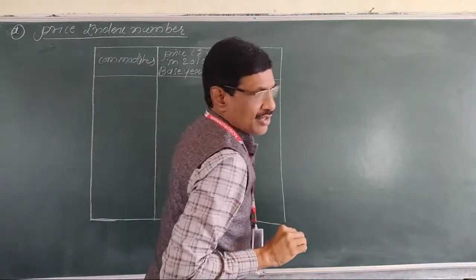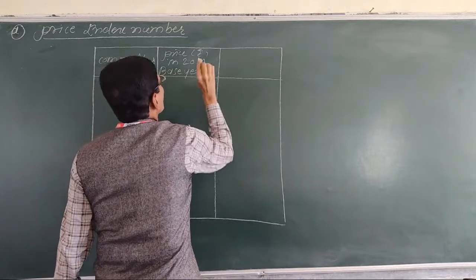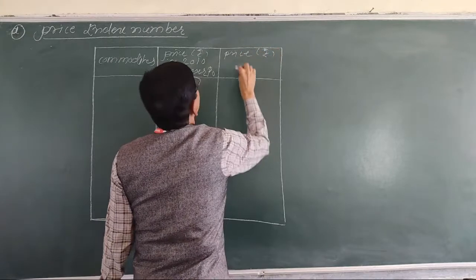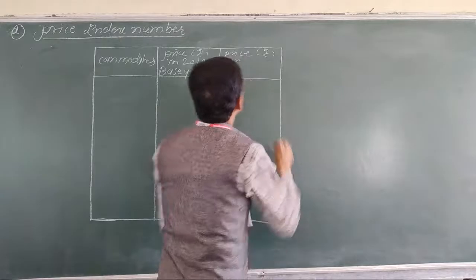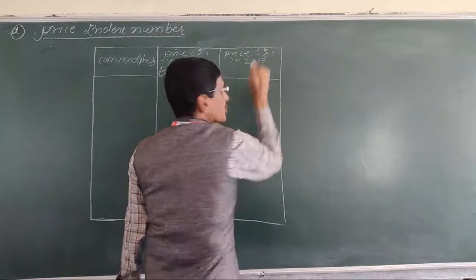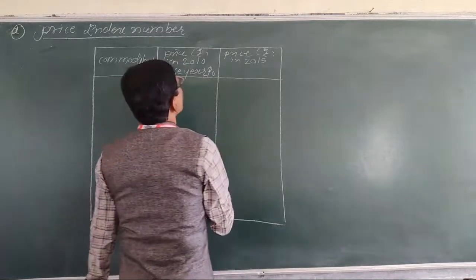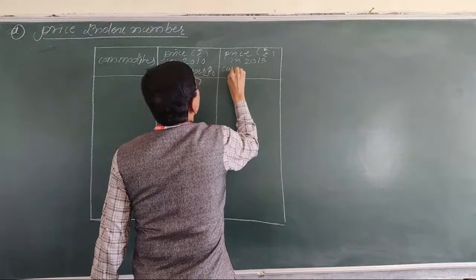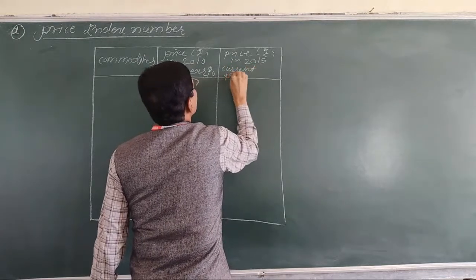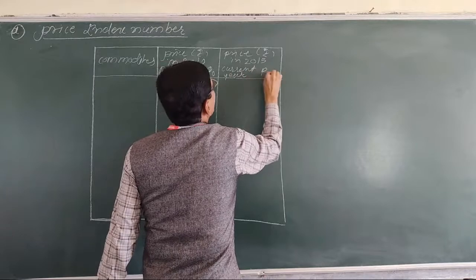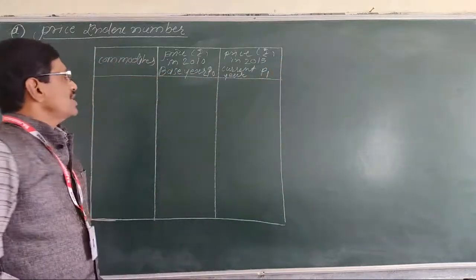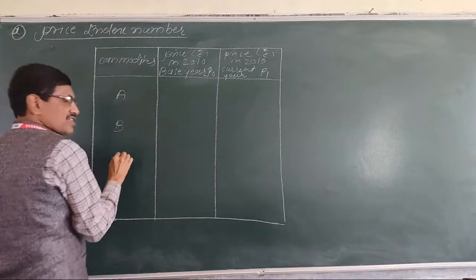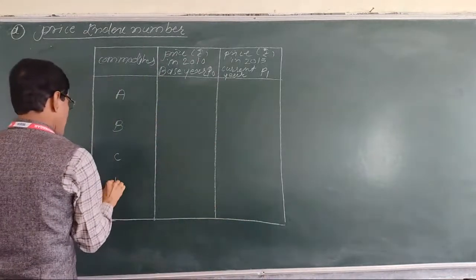The base year indicates P0. The price in brackets rupees in 2015 is the current year, and it indicates P1. Commodities are there: commodity A, commodity B, commodity C, and commodity D. Clear?